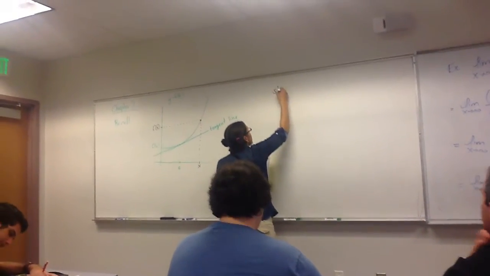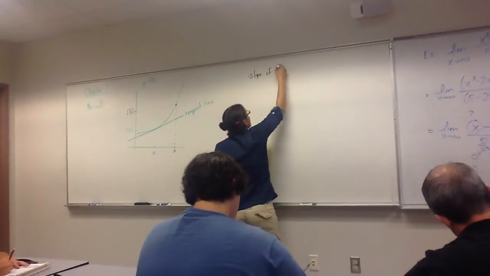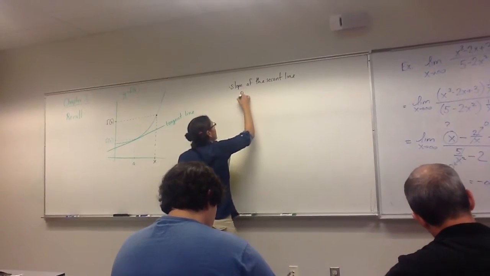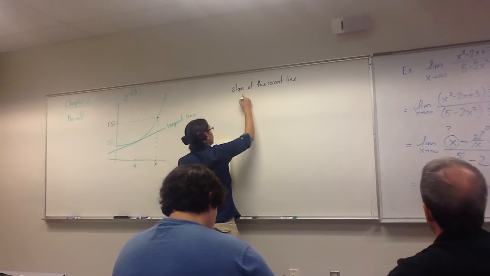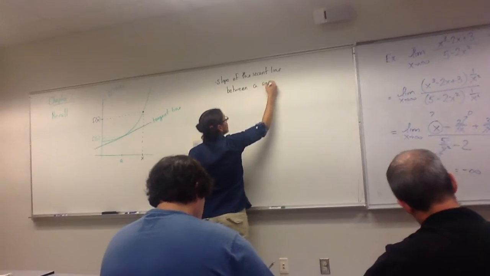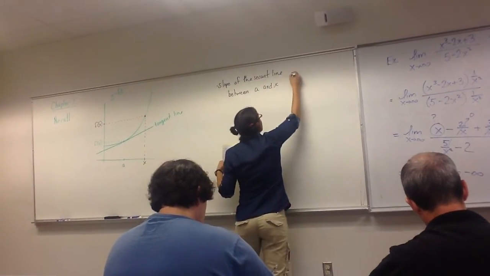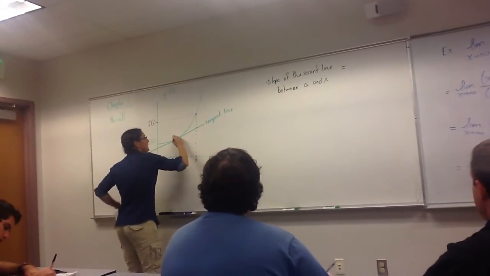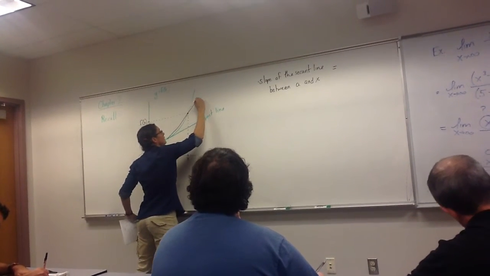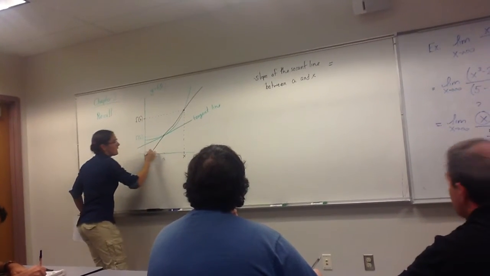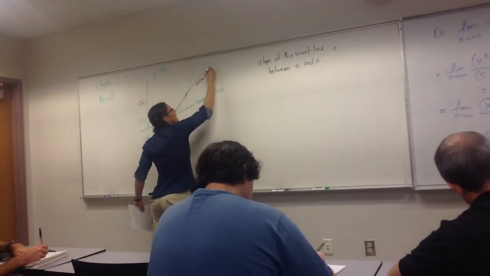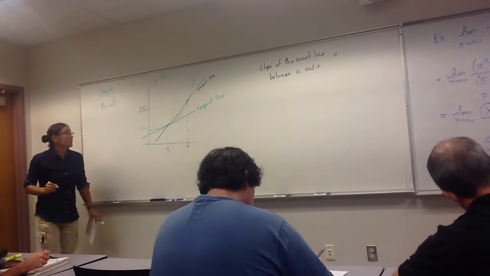And we said that the slope of the secant line between A and x, well, if we wanted to draw that secant line, secant line meaning the line that is going through 2 distinguished points.